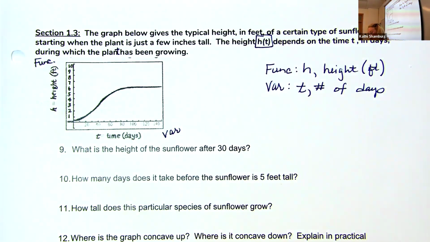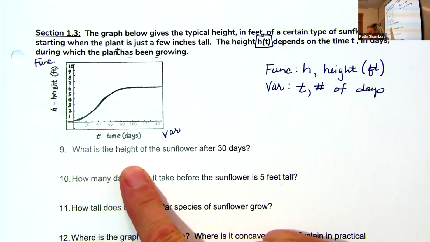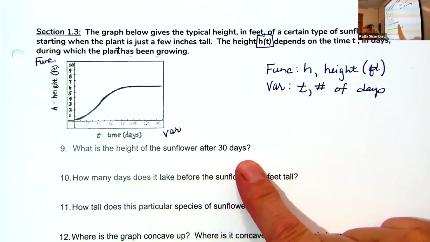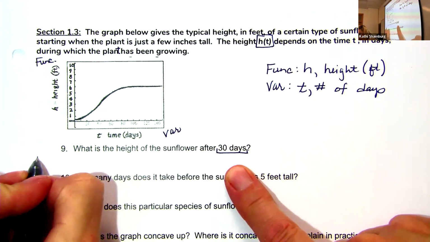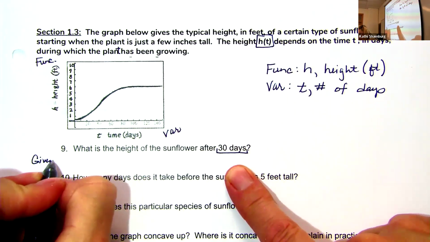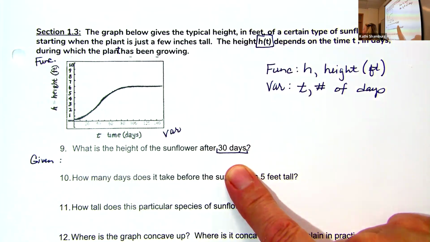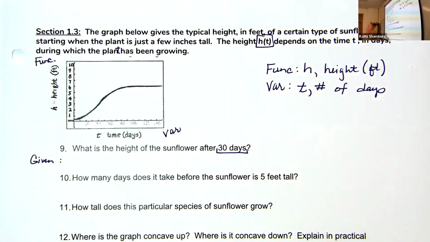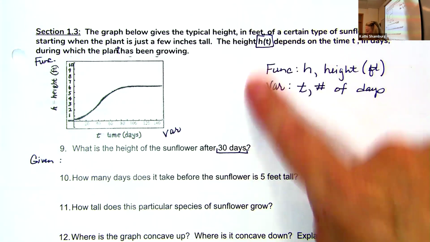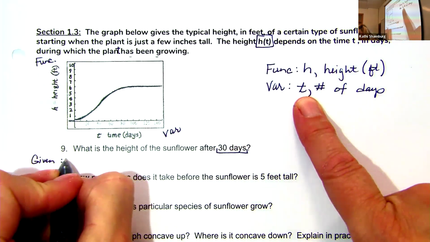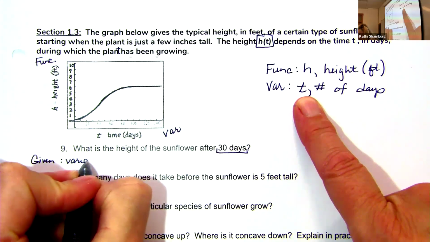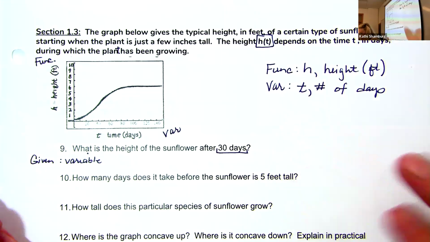All right. What is the height of the sunflower after 30 days? So here is the value that is given. Were we given function or variable? Okay, if you pause and you're uncertain, come up here to what you defined. This is days. Days goes with variable. So we know we are given the variable value.